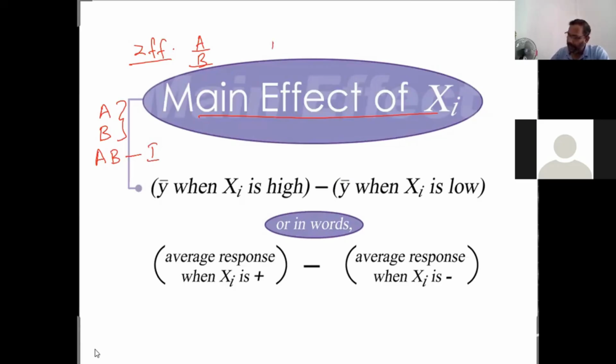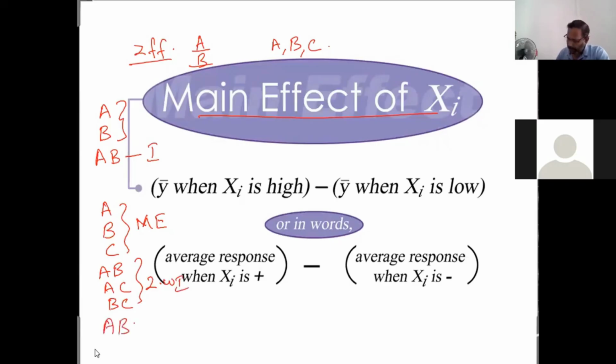And also we have said that if you have 3 factors, A, B, C, then we have A, B, C as the main effects, and AB, AC, BC as the interaction, but it is called as 2-way interaction, and ABC is called as higher order interaction or 3-way interaction.